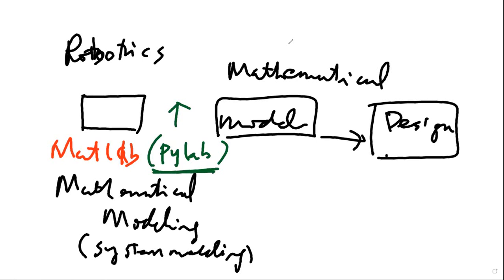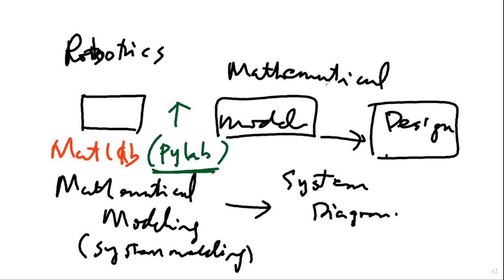So that's our tool. Moving on from this stage to the next stage, you build up your system diagram: which part would be your CPU, which part would be your controller, which part is your actuator, which part is your AD converter, something like that.